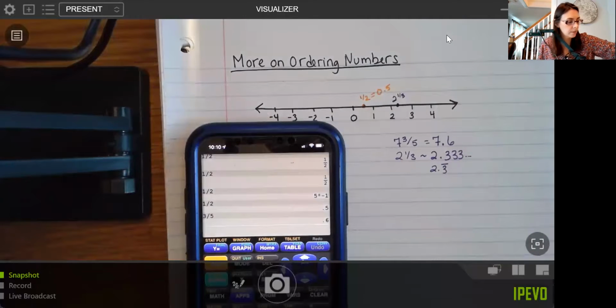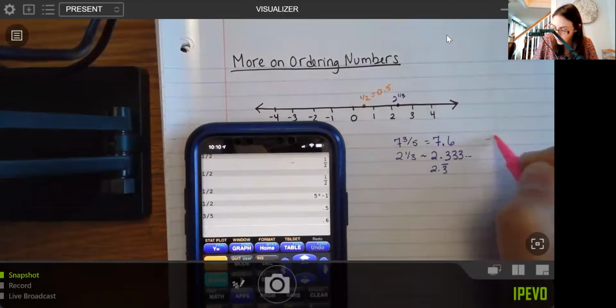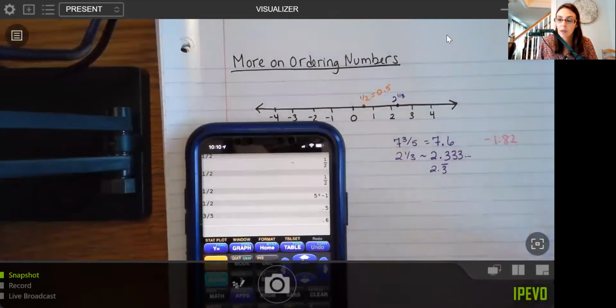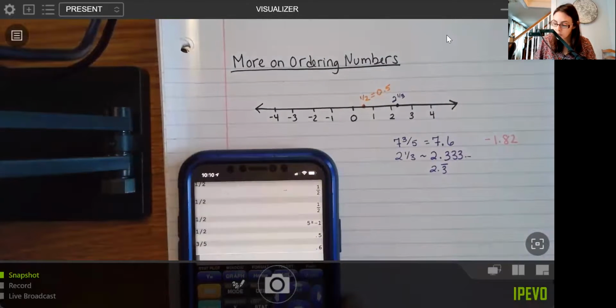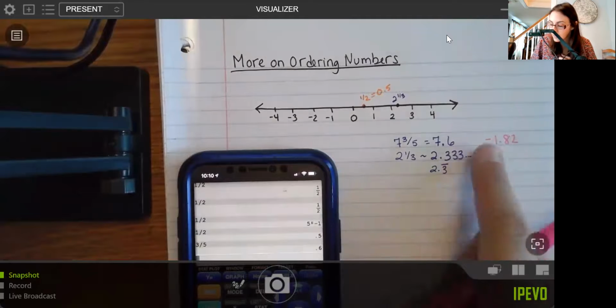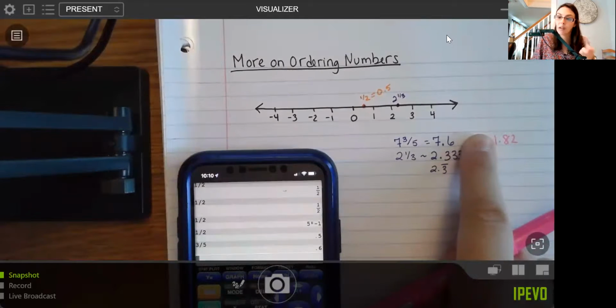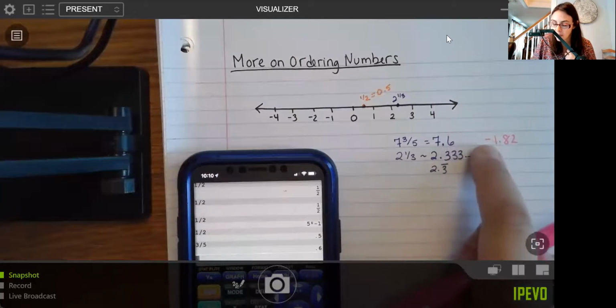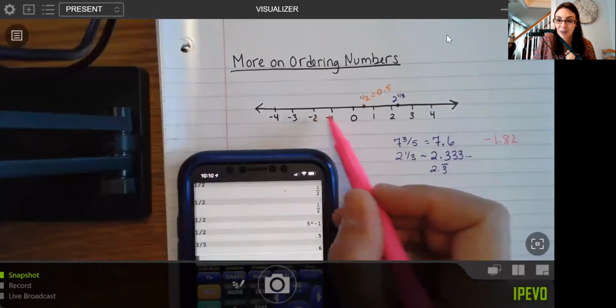So I'll just do one more here. All right, so maybe I have something like negative 1.82. Well, just be a little bit more careful here. So if I was positive, 1.82 is between 1 and 2. So because it's negative, it's going to be between -1 and -2.